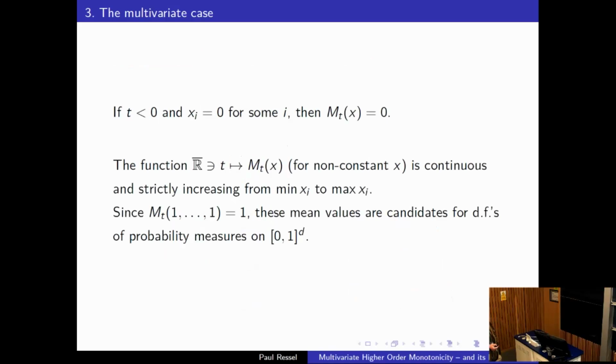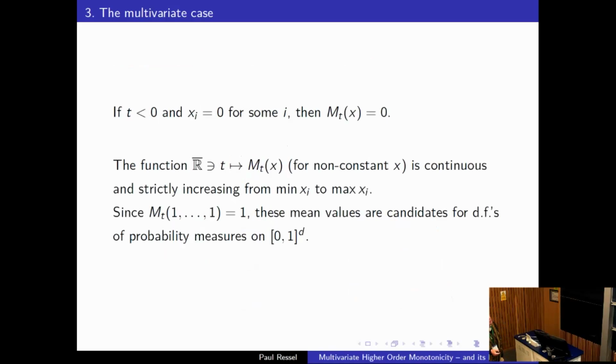By the way, if t is negative and if one of the components is 0, then this M_t of x is automatically 0. And this means that what I claim here is only really completely correct if x has only positive entries.